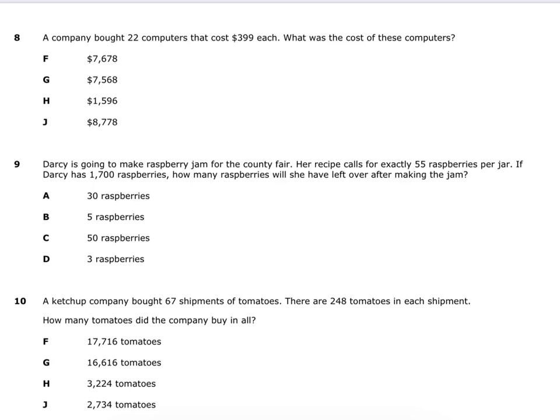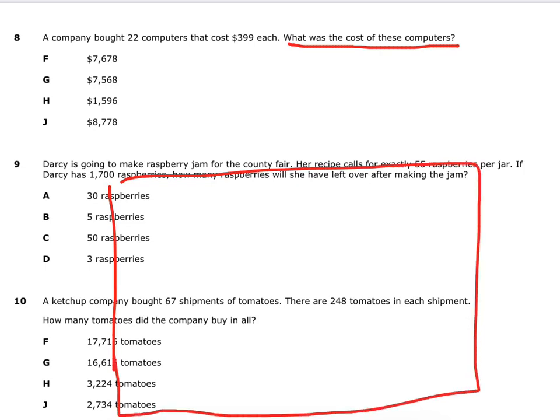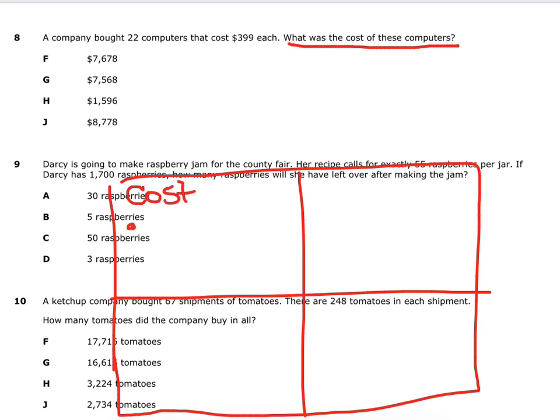Okay. All right. A company bought 22 computers that cost $399 each. What was the cost of these computers? We want to know cost. I know that they bought 22. I know that they were $399 each.